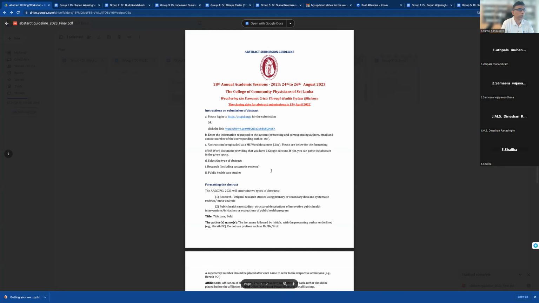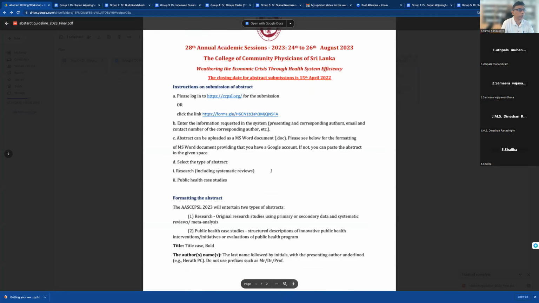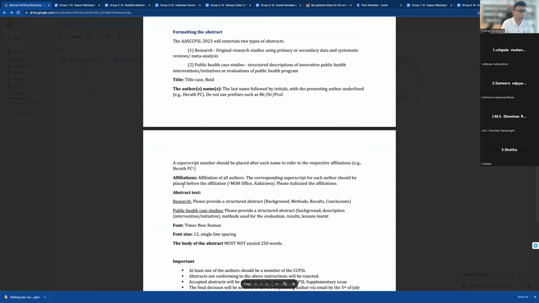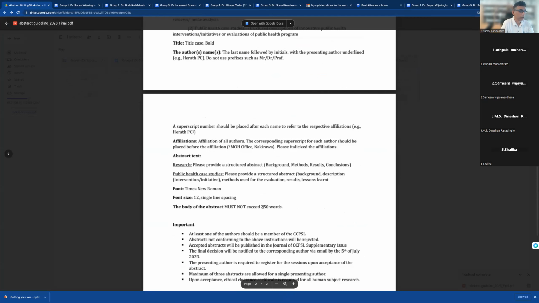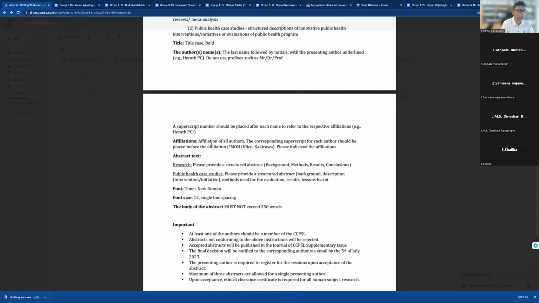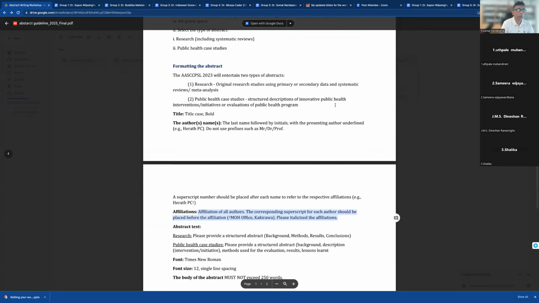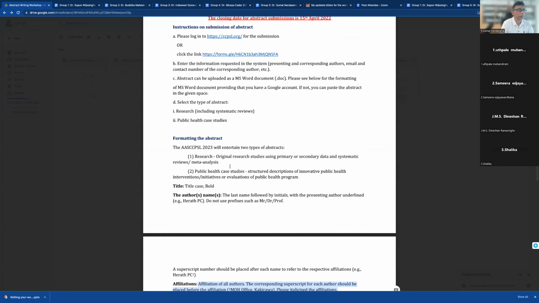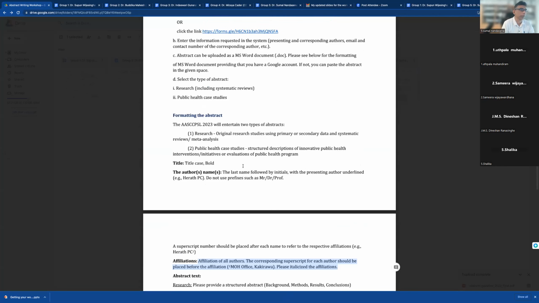There are guidelines that we have to adhere to, about the number of words as well as the type of fonts and the spacing, and also how we have to write the affiliations and so on. So it is always a good thing, when you are submitting to a conference, to first look into the abstract guidelines. The abstract guidelines will give you the most important information relevant to submitting the abstract to that particular conference.